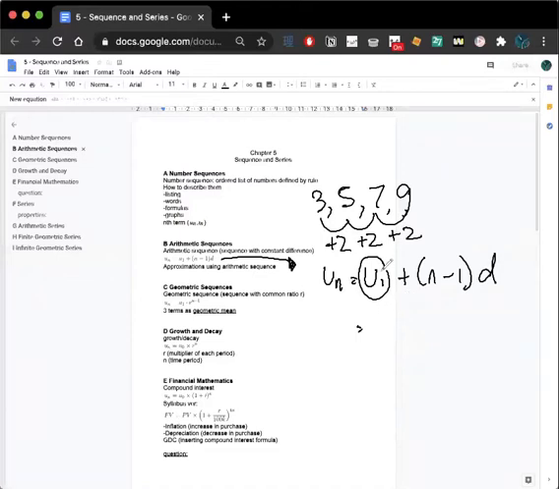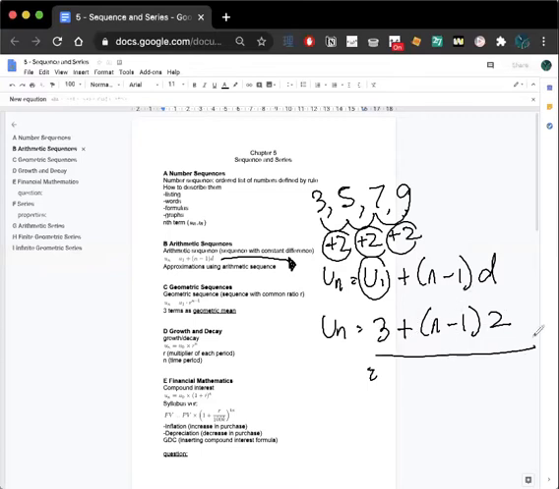If we insert this, that would be 3 plus n minus 1 times d, and d would be 2, because this is the common difference. You can pretty much keep it this way, or you can also expand it if you want. 3 plus 2n minus 2, so that would be 1 plus 2n.